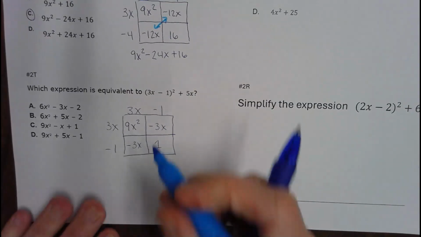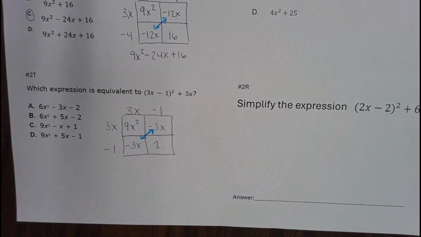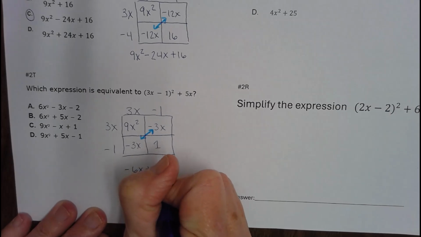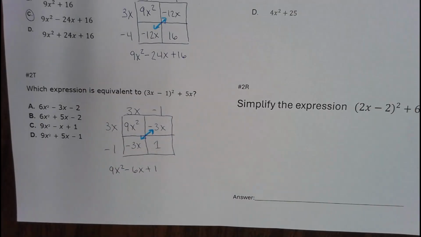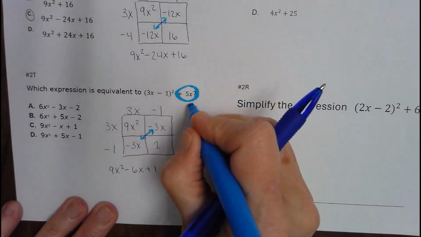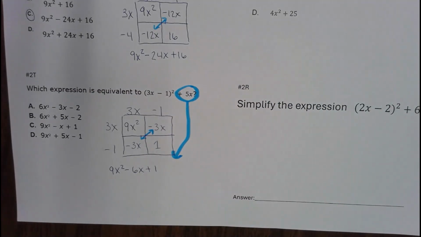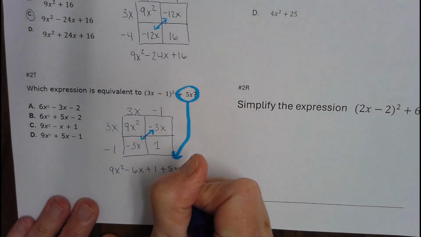I can combine the x terms to get negative 6x. I'm going to bring down the plus 1, bring down the 9x squared, and then I do not want to forget about that little guy. Okay? I'm going to add 5x.